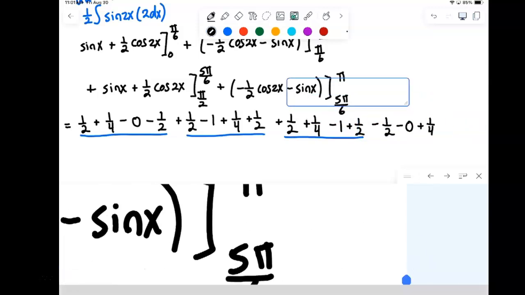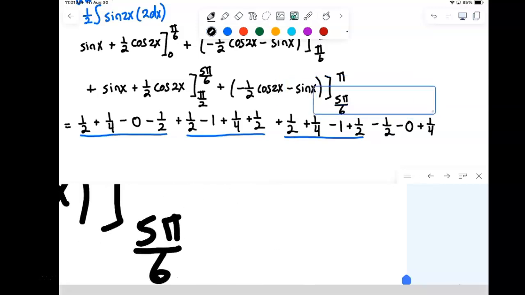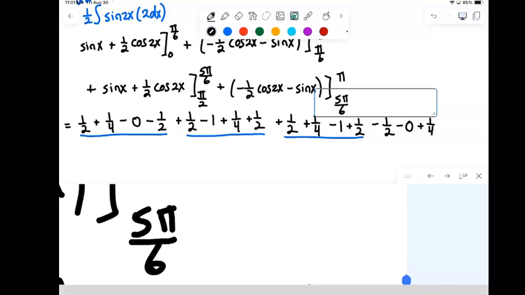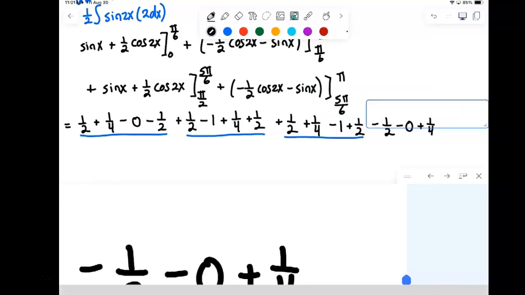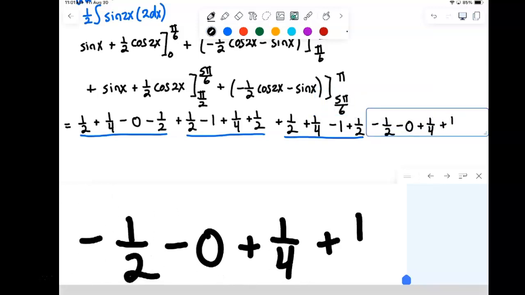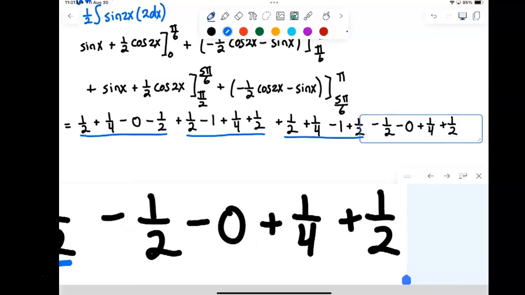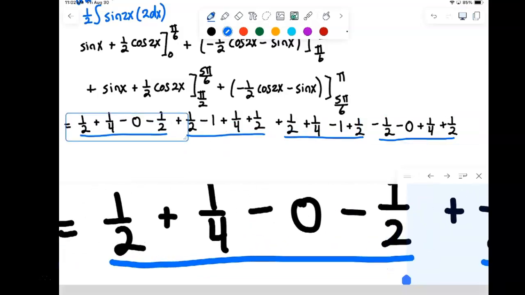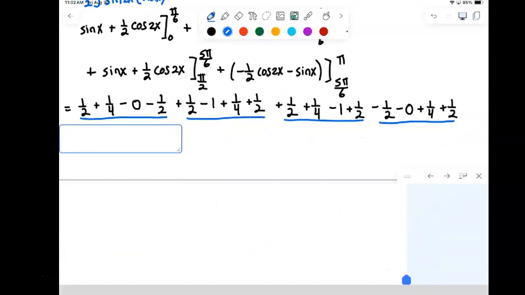And then finally, the last one, sine of 5 pi over 6 is 1/2. It has the negative sign in front, but it's being subtracted in the definite integral. So that would actually make that plus 1/2. And so we have our last group there. Okay. And then it turns out every one of these groups, if you combine stuff, this first blue group is 1/4.